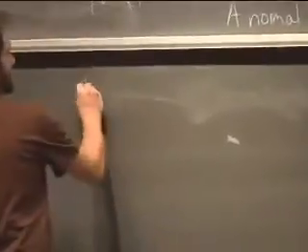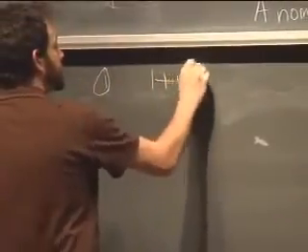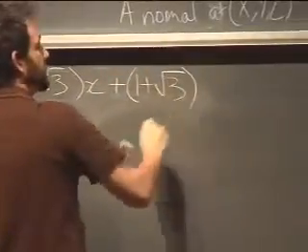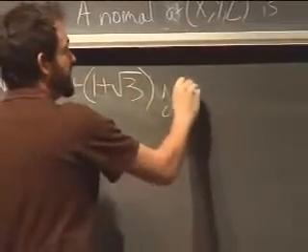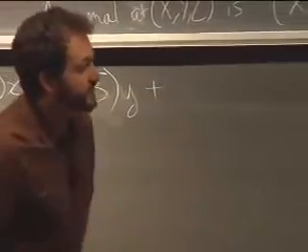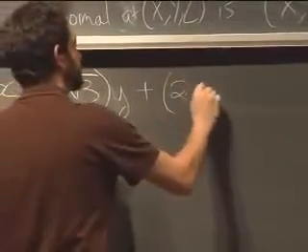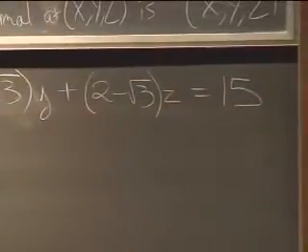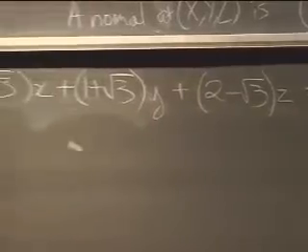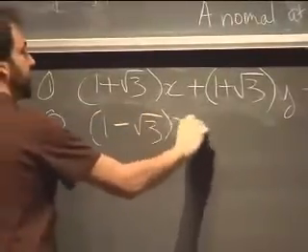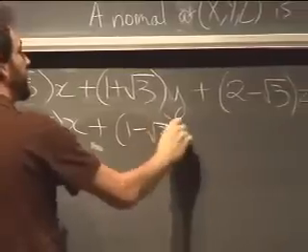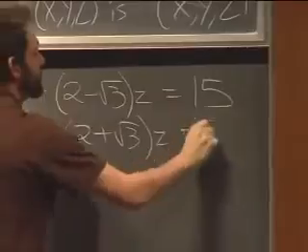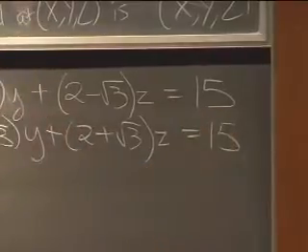So one plane is this: (1 plus root 3)x plus (1 plus root 3)y, and then capital Z was, in that case, 2 minus root 3, so (2 minus root 3)z equals 15. And the other solution is (1 minus root 3)x plus (1 minus root 3)y plus (2 plus root 3)z equals 15. Those are the only possible solutions.